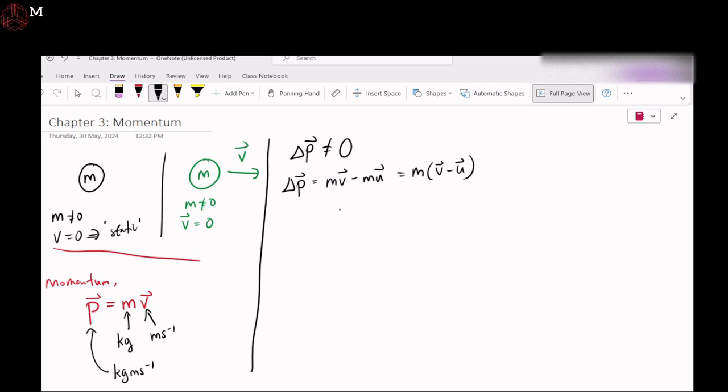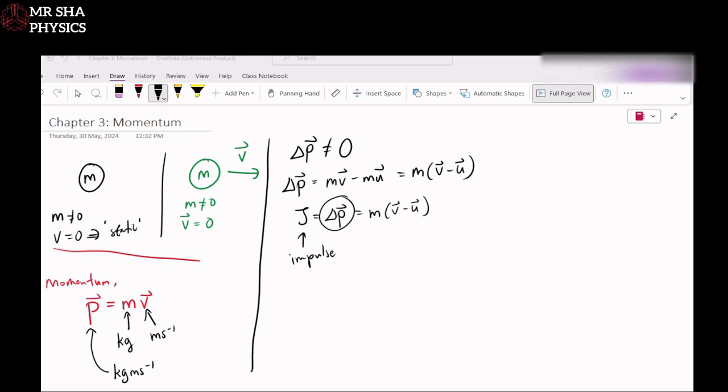So this change, if it's not 0, we call impulse. This change in momentum is what we call impulse. So just remember that impulse is just the change in momentum, not with time, just the change of momentum.